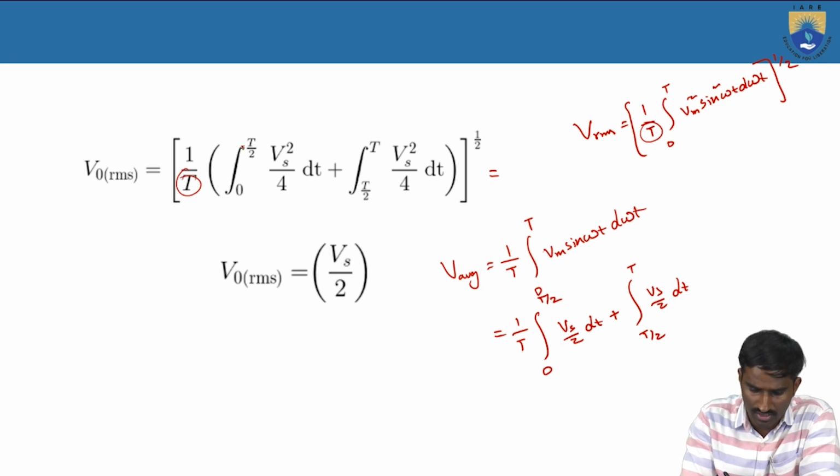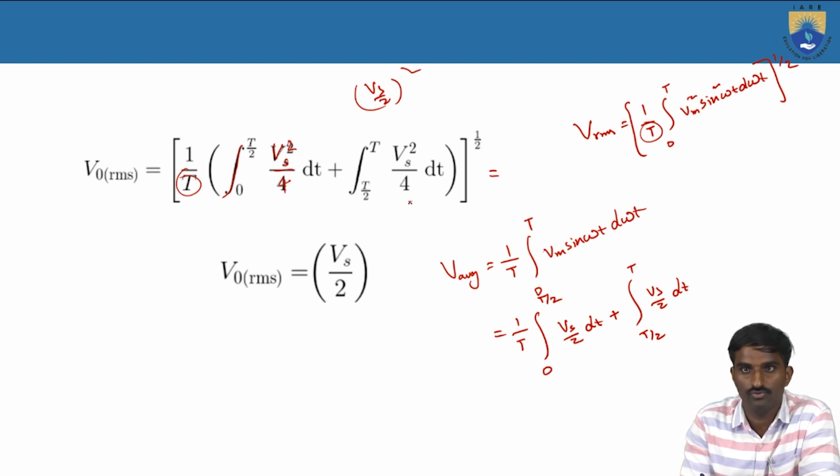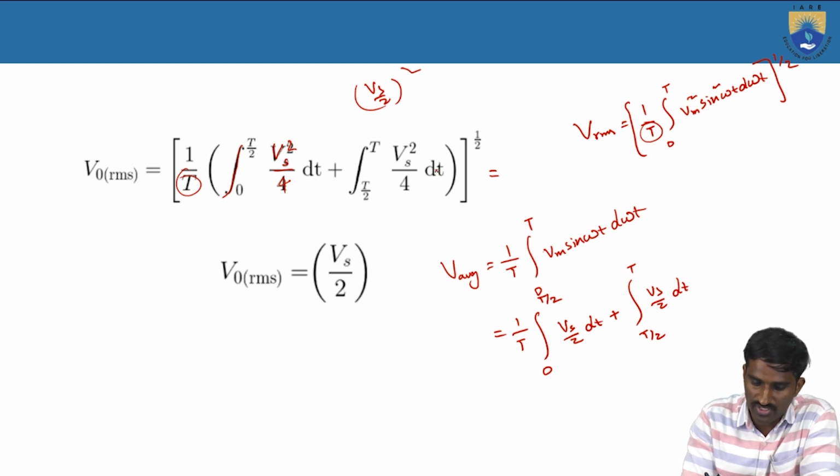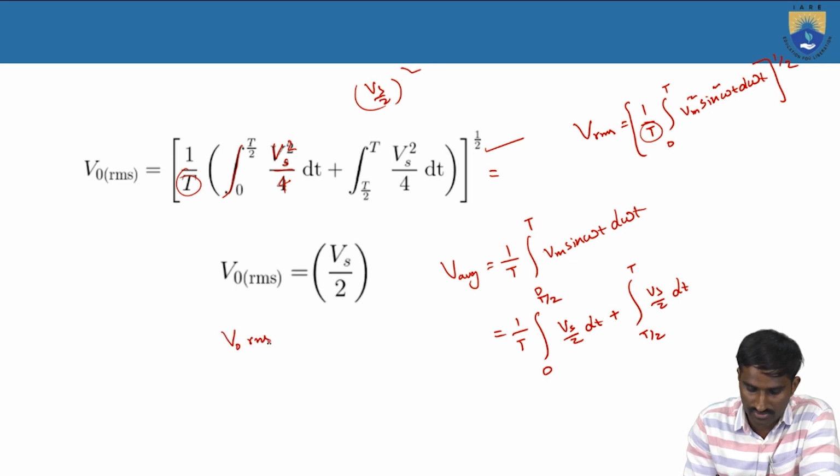One is integral 0 to T by 2 of Vs square by 4, which means Vs by 2 whole square, which is nothing but Vs square by 4, plus again T by 2 to T Vs square by 4 into dt, whole to the power of 1 by 2. If we simplify this, you will get the VRMS, which is equal to Vs by 2.